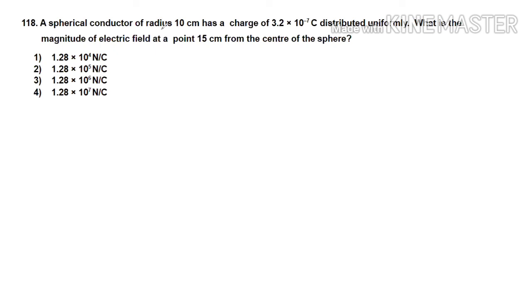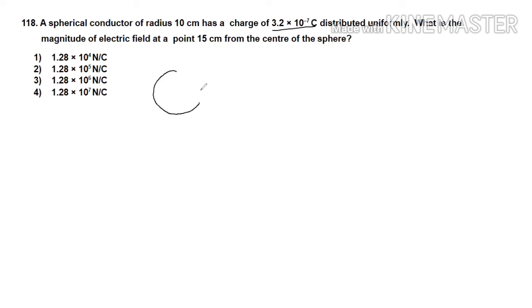The spherical conductor of radius 10 centimeters has a charge of 3.2 into 10 raised to minus 7, distributed uniformly. What is the magnitude of the electric field at a point 15 centimeters from the center of the sphere?